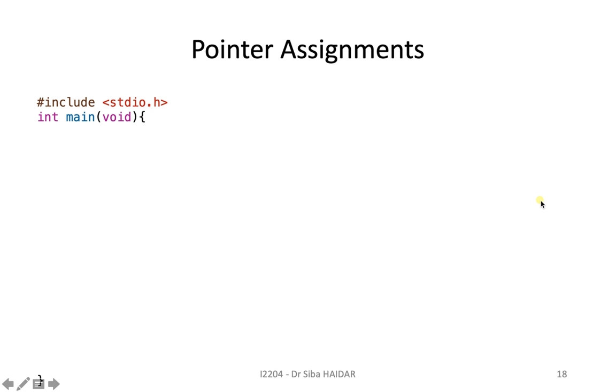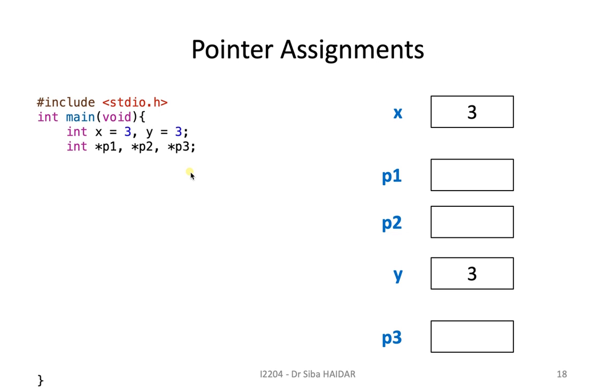The next operation is pointer assignment. Let's consider this empty program which we will be filling slowly. Here we have 5 variables, 2 of which are normal variables and 3 pointers. Notice that when we declare 3 pointers, we have to put the asterisk 3 times. Every time I have a pointer, I have to precede it by the asterisk, because if I write int star p1 comma p2, p2 will be considered a normal integer.